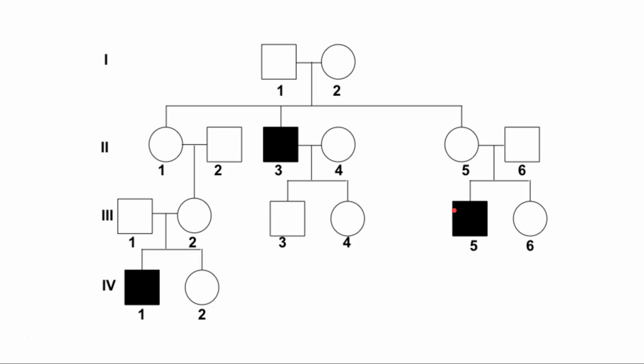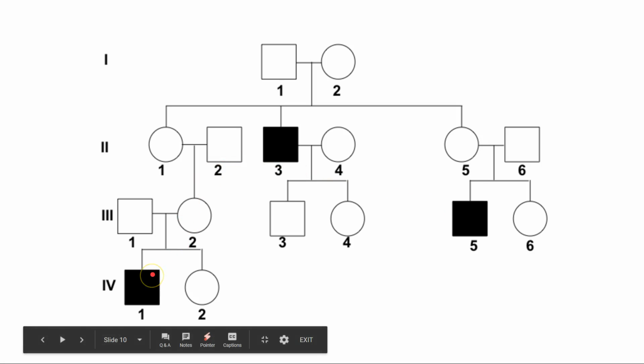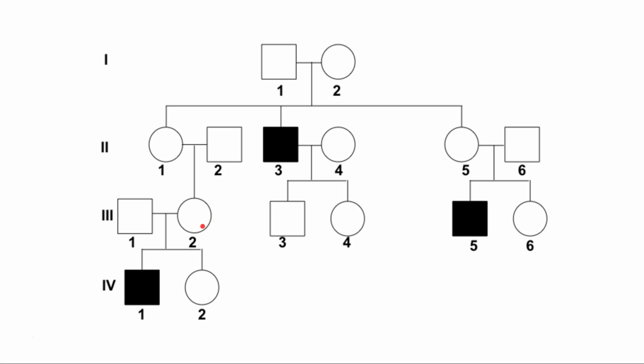All right, so let's look at the final generation here. And this kid got it, so this looks to me like it is an X-linked recessive condition. The first thing that makes me think it's X-linked is that only these boys are getting it, only the squares are having the condition. That is not a guarantee that it's X-linked, but it's certainly an indication.